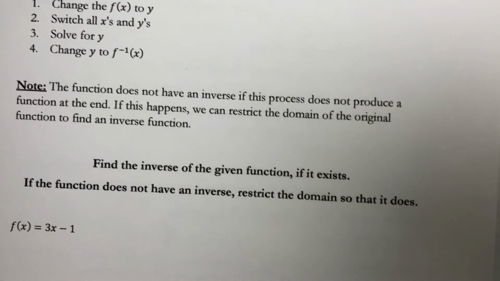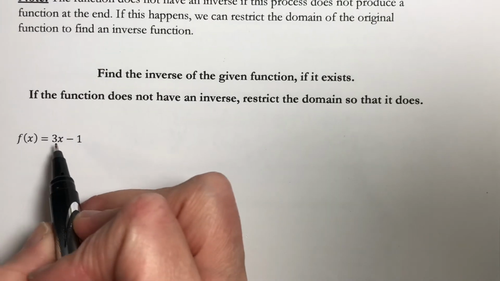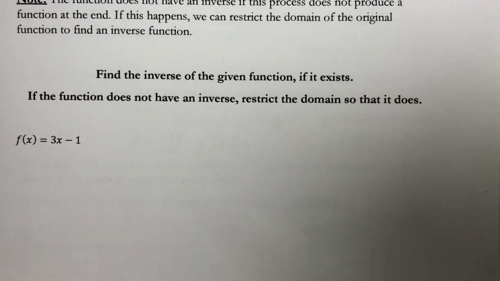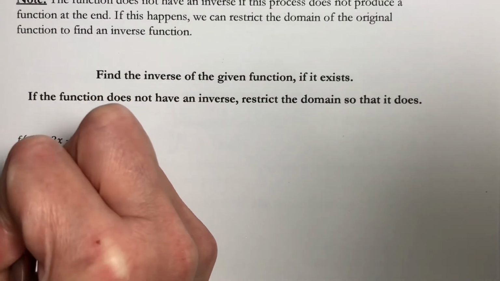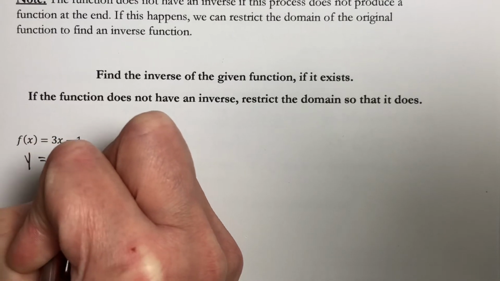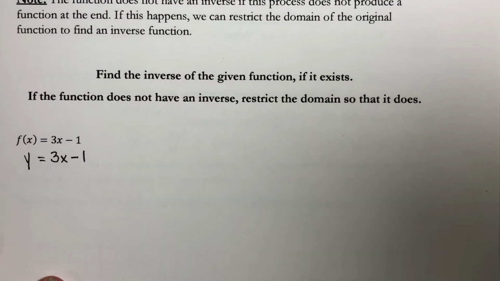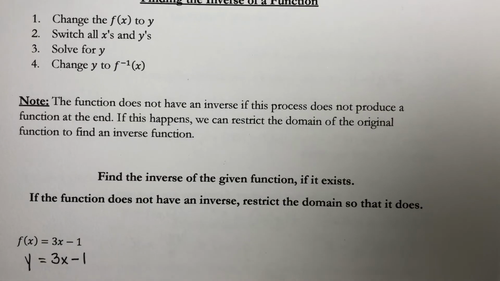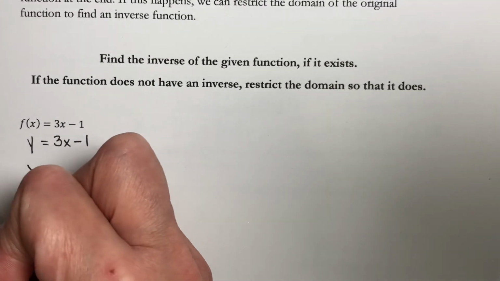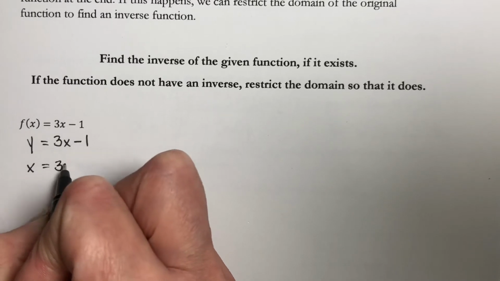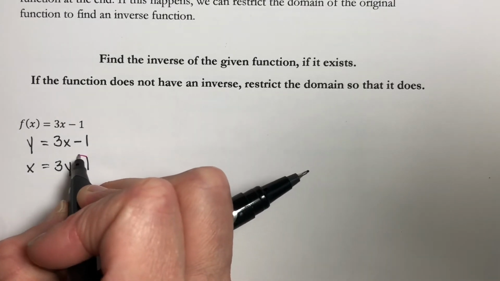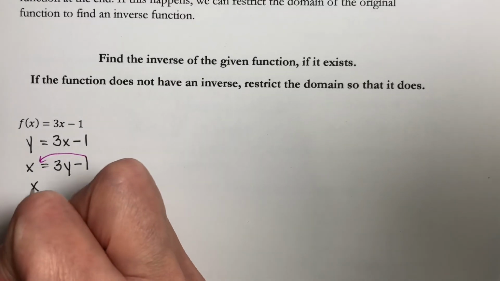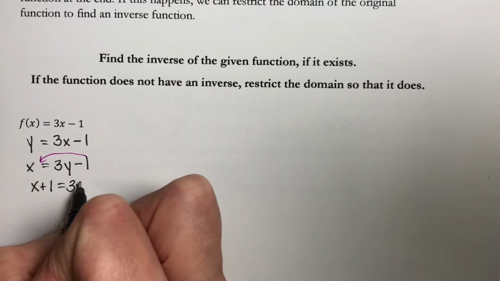Okay. So let's look at f of x is equal to 3x minus 1. First step is to change the f of x to a y. So this is y is equal to 3x minus 1. Now our second step is to switch all of our x's and y's. So this becomes x is equal to 3y minus 1. Now we want that y to be by itself, so I'm going to add 1 to both sides. x plus 1 equals 3y.